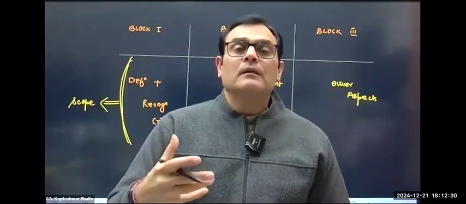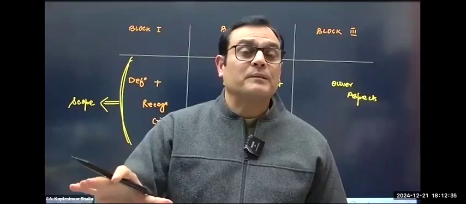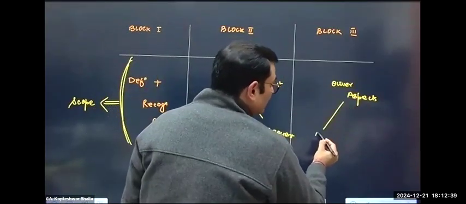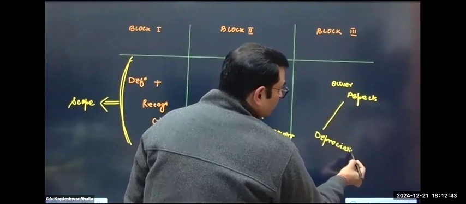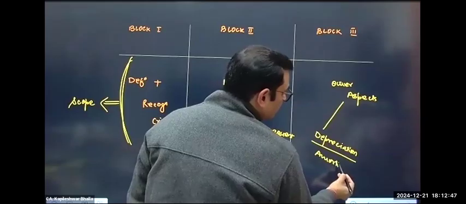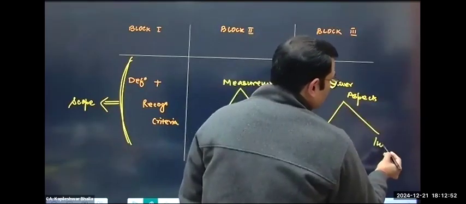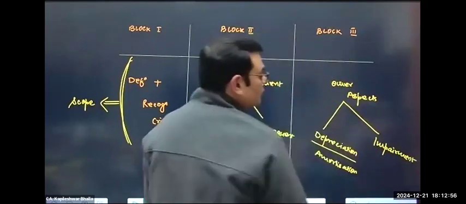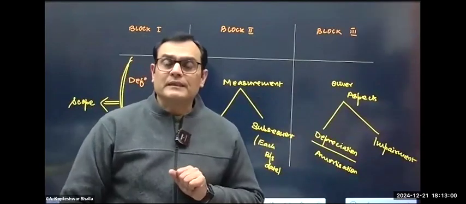If it is intangible, then there will be aspects like impairment, etc. I'm not discussing what impairment is at the moment, but when you consider other aspects, we will focus on whether we are supposed to consider depreciation, and whether any amortization is to be taken or not. And we also need to focus on a very important aspect, and that is impairment. Though there is a separate standard devoted to this, that is IS 36, we'll also look into the impairment aspect.